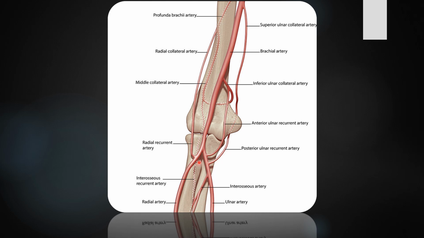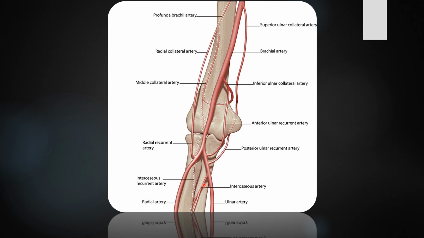Now we are going to see the radial and ulnar artery and its branches. At the level of the neck of the radius, the ulnar artery comes downwards along the medial side. The ulnar artery gives three branches in the forearm: the anterior ulnar recurrent, the posterior ulnar recurrent and the common interosseous artery.